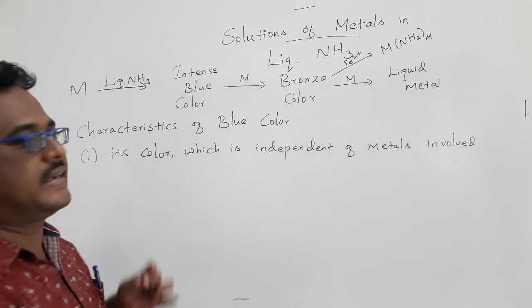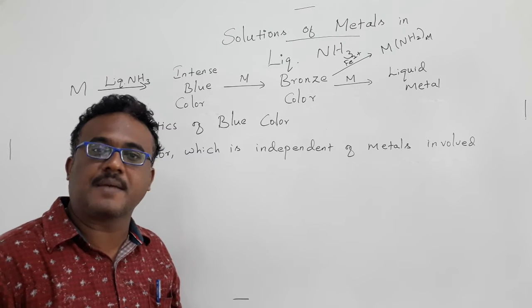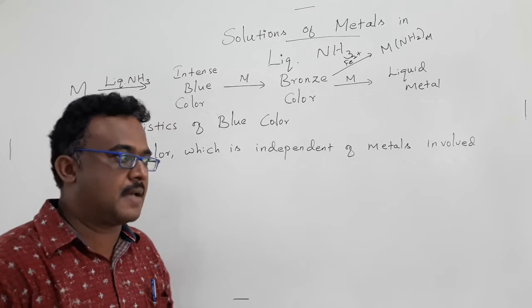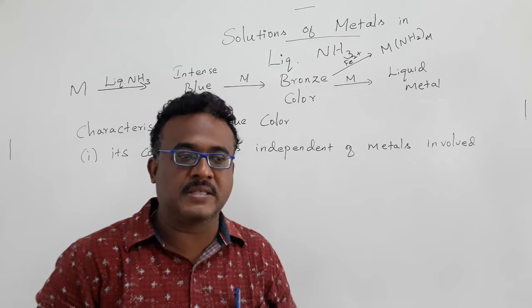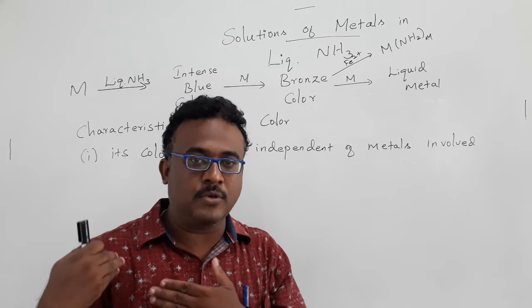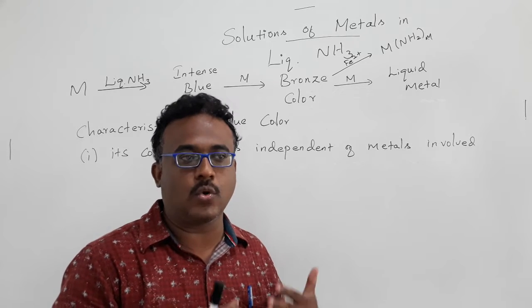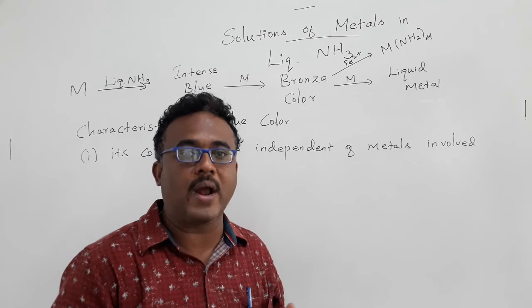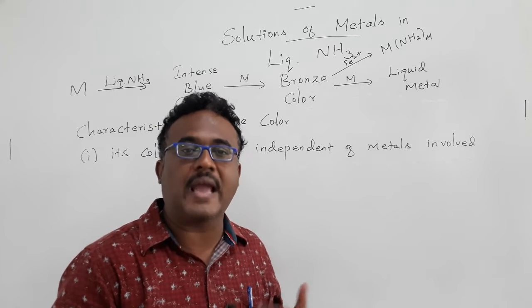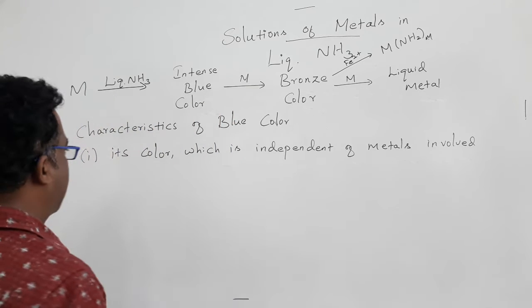You can use metal that may be either alkali metals or alkaline earth metals, or in some cases lanthanides. For example, for alkali metals we normally go from lithium to cesium, but among alkaline earth metals, beryllium will not work in this case. So calcium, strontium, barium may work. Some of the lanthanides also can give blue color when you react with liquid ammonia.